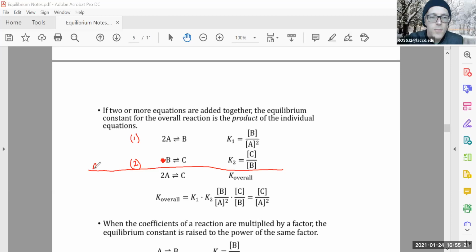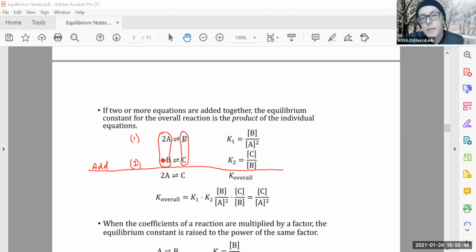let's see, I want to make this clear. If we were to add them together, so if I were to essentially add 1 and 2 together, I'd add all the reactants and then I'd add all of the products, right?